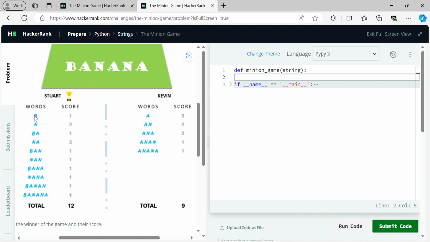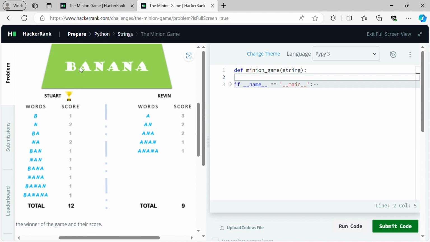First one, B, starting with B, he developed one substring, and starting with B, two. This substring also starts with B, so this count is three, and this is also starting with B, so four, five, six. What I am trying to say here is when a consonant starts here, it will be B first, and BA, and BAN, and BANA.